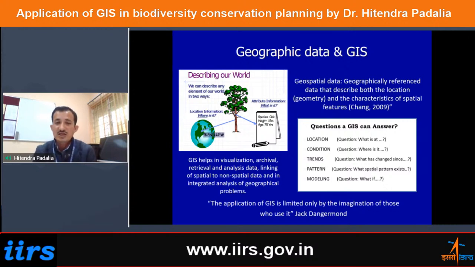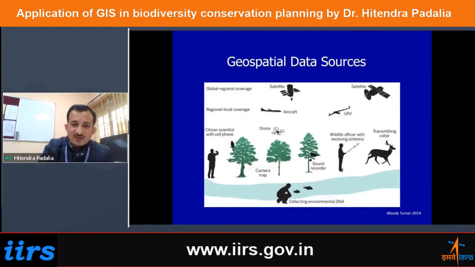That's why GIS has a variety of modeling approaches embedded in it, which help us generate different predictions as well as future scenarios for decision making. Ultimately, everything is for making a very effective decision on where and how to prioritize biodiversity. To make such decisions, you need GIS.